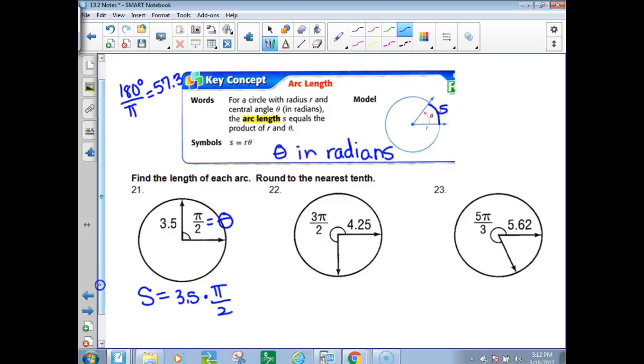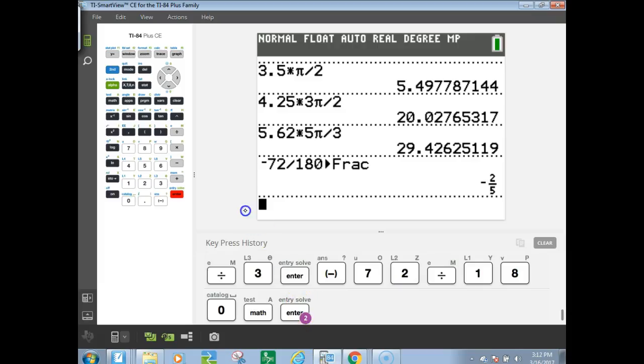So we're just going to type this on the calculator now. 3.5 times pi divided by 2. Find your pi button. It is hit second and then the arrow up key. You should see pi on your calculator and then hit divided by 2.